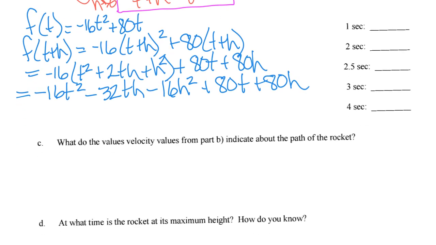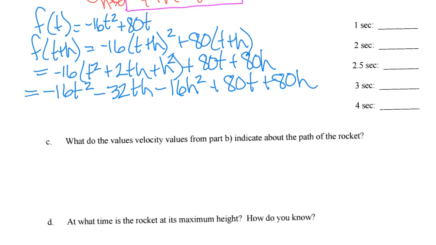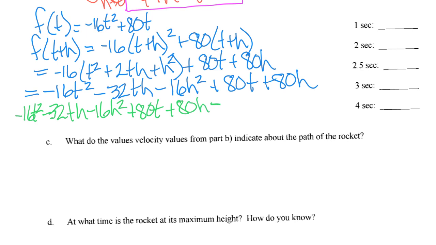Okay, so we're going to find our f of t plus h, which is that long expression we just ended with: negative 16t squared minus 32th minus 16h squared plus 80t plus 80h, minus my f of t, which is negative 16t squared plus 80t. And this is all over h.